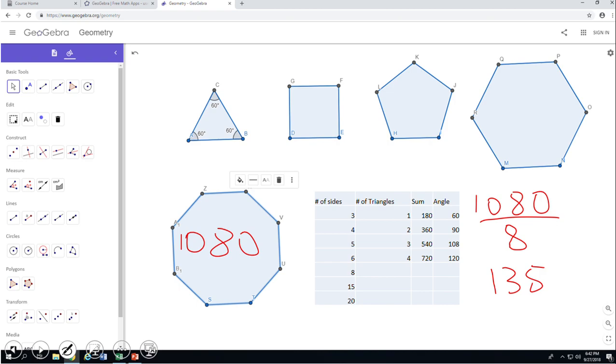Go ahead and find the measure of an interior angle of a polygon of 15 sides and 20 sides. Pause this video clip and I will see you back.